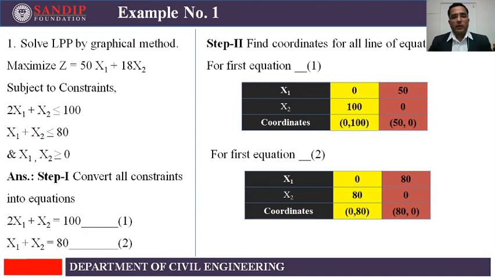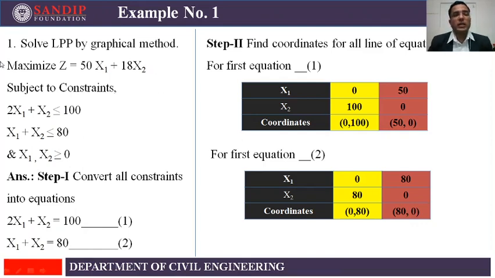Now let us start with example number 1. In this example, it is given: solve the LPP by graphical method. The function is given for maximization. Maximize z equals 50x1 plus 18x2, subject to the constraints 2x1 plus x2 less than or equals to 100, x1 plus x2 less than or equals to 80, and x1, x2 greater than or equals to 0.